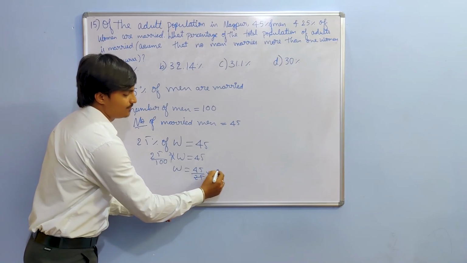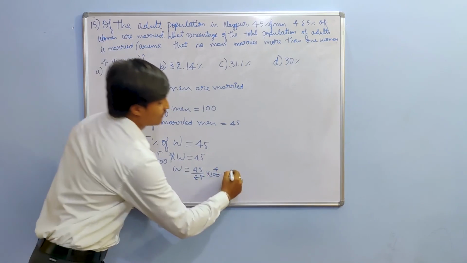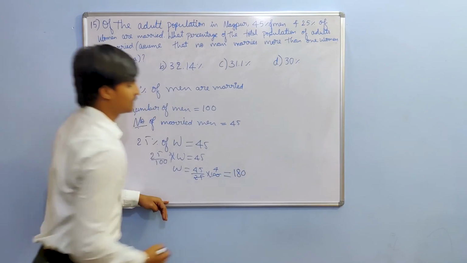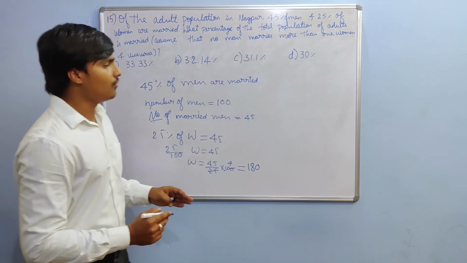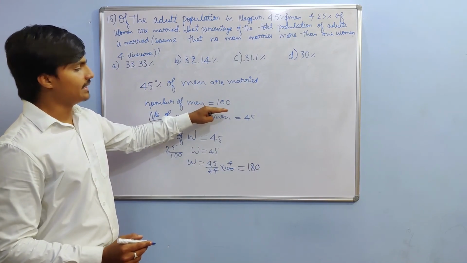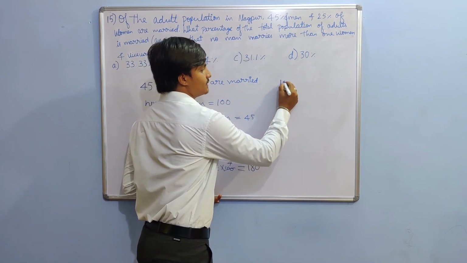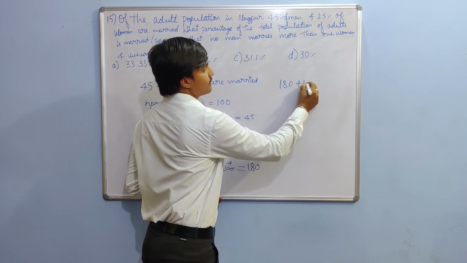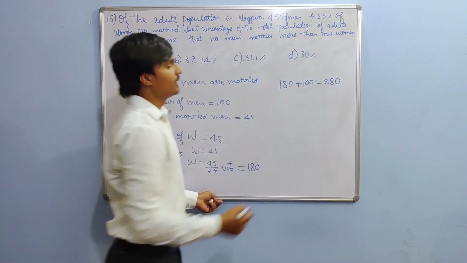So 1s up, 4s up, which is equal to 180. This is the total number of women. Now we know that the total number of women is 180 and the total number of men is 100. Hence, the total number of adults is 180 plus 100, which is equal to 280.